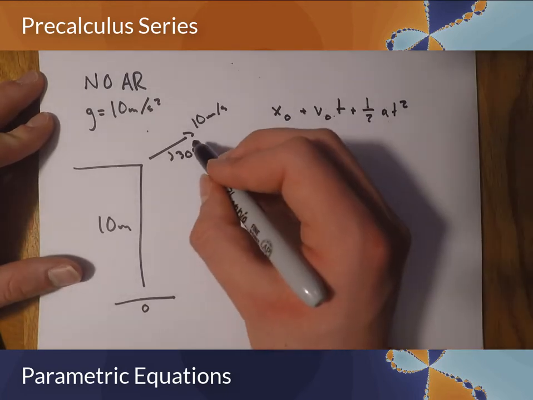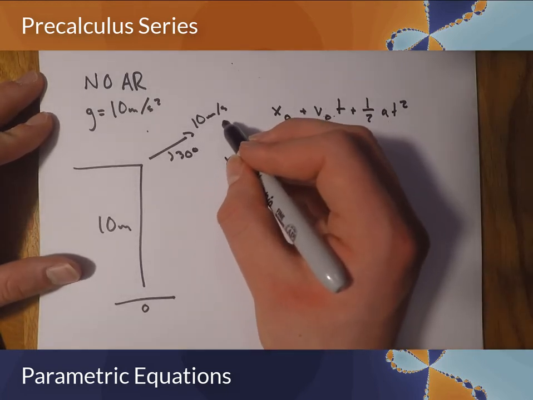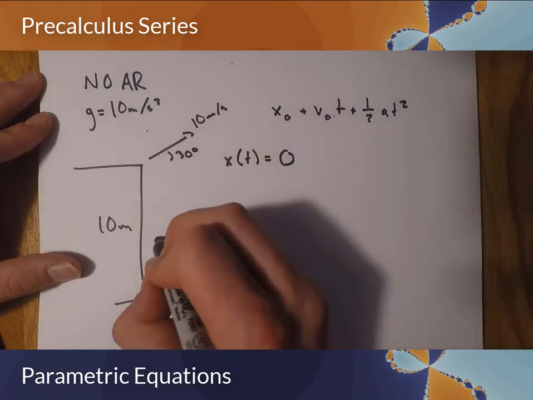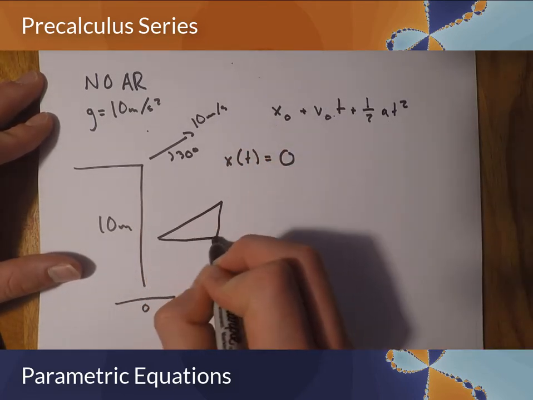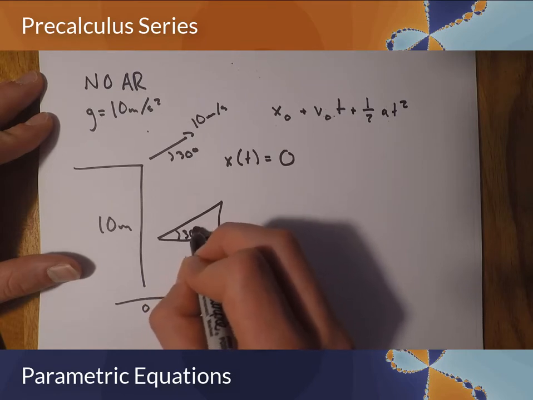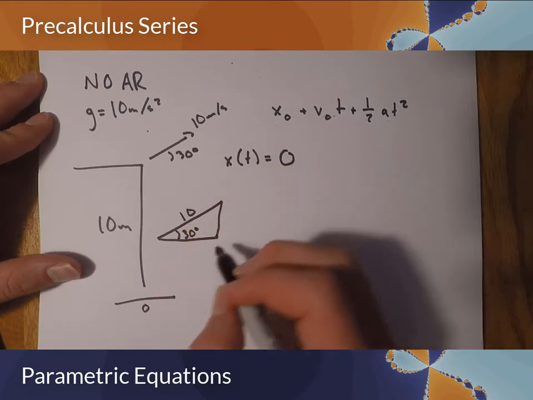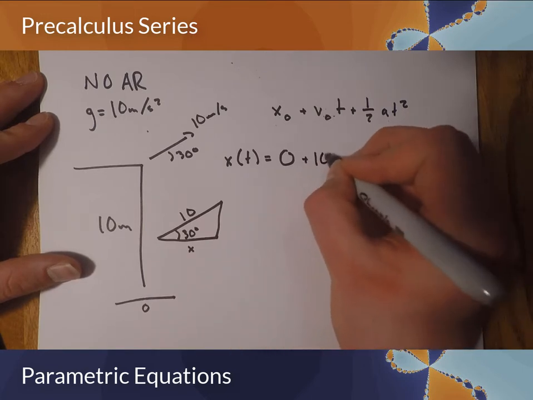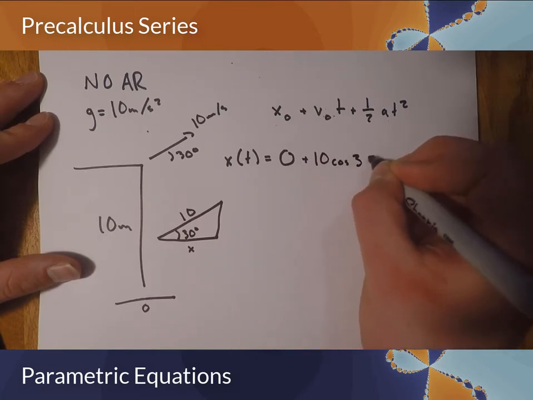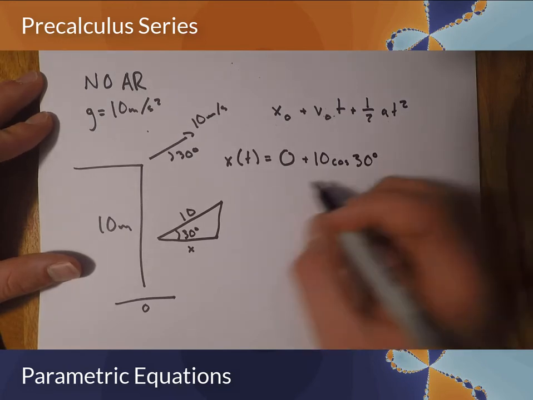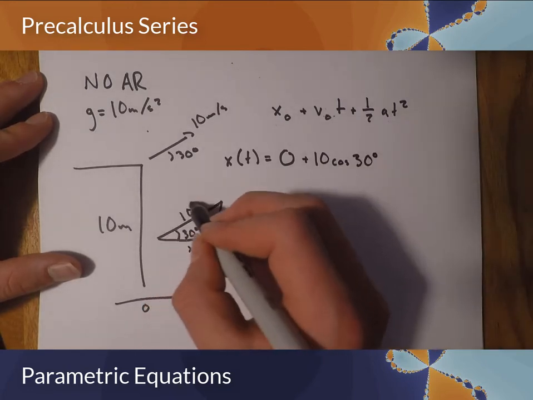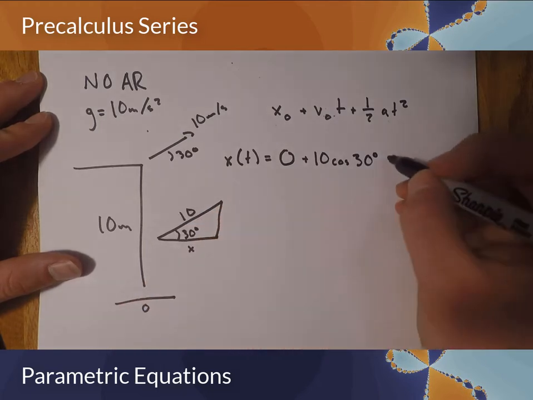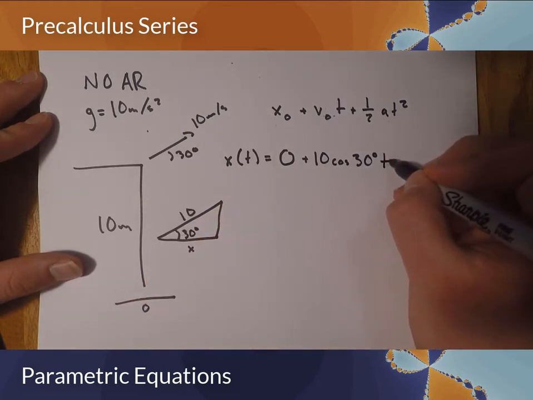Now, we just can't use 10 meters per second because it's launched at an angle of 30 degrees. So we have to use some trigonometry here. If we break this up into a triangle, we have 10 as a hypotenuse. The x component is modeled by 10 cosine of 30, because to find the x component, we're multiplying 10 by the cosine of 30 to get x times t.